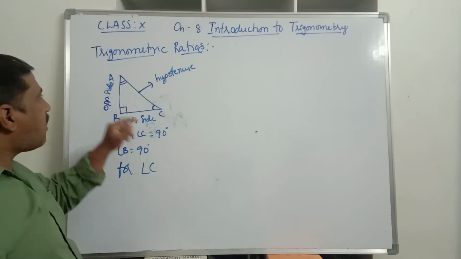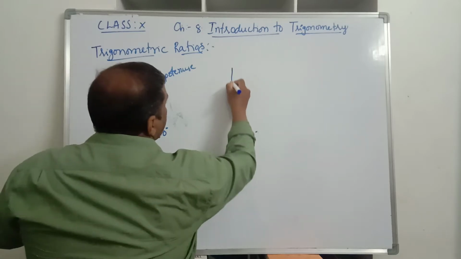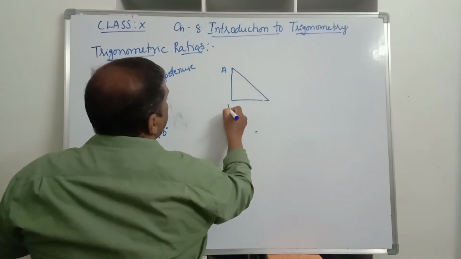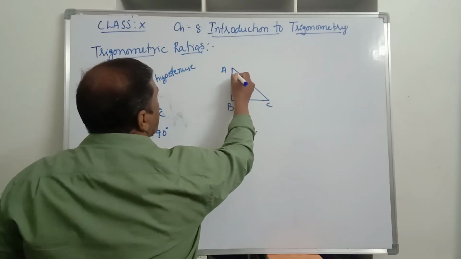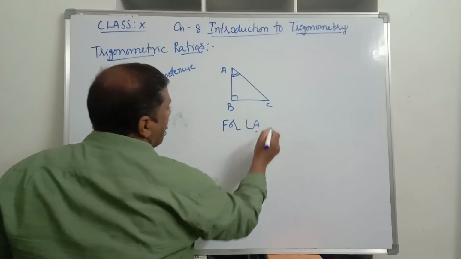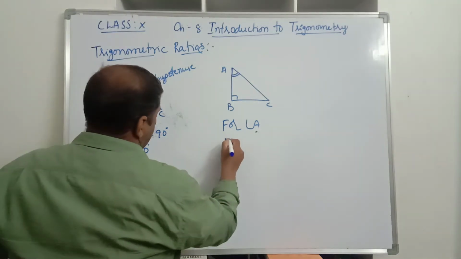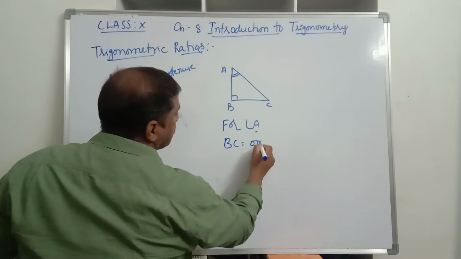Now what about angle A? How is it identified? Draw one more figure, the same: A, B, C, and angle B equals 90 degrees. Now consider angle A. For angle A, BC is the opposite side.